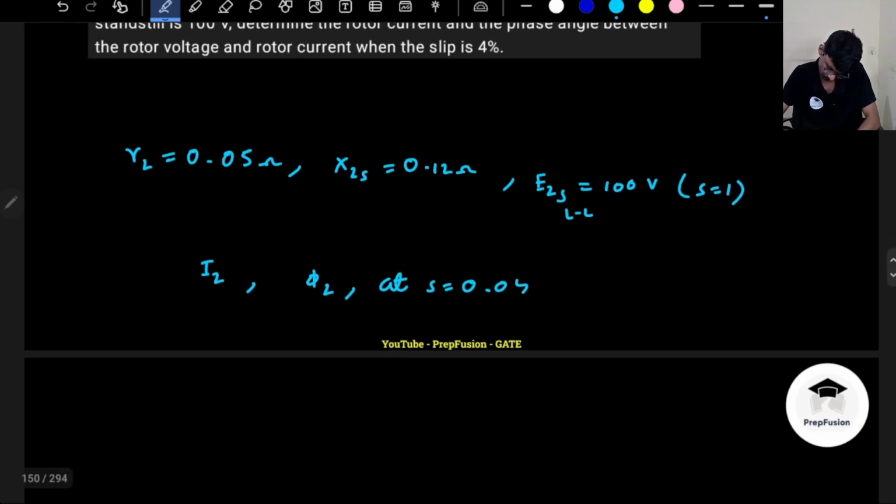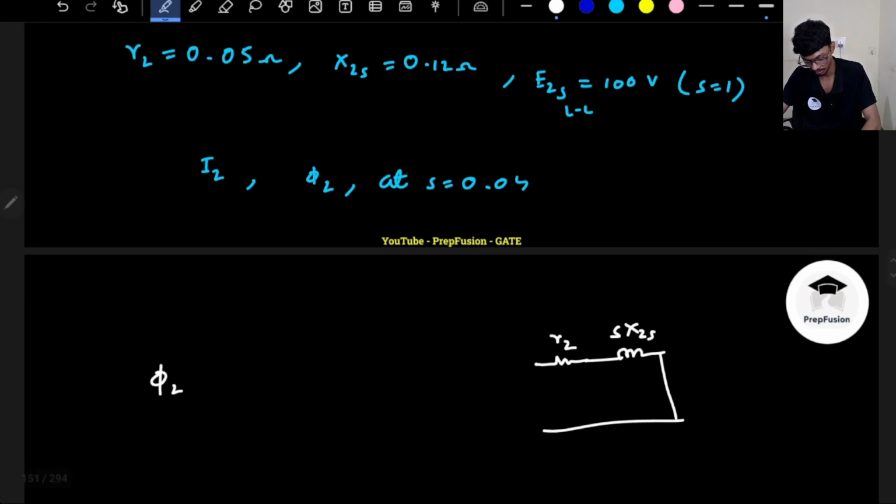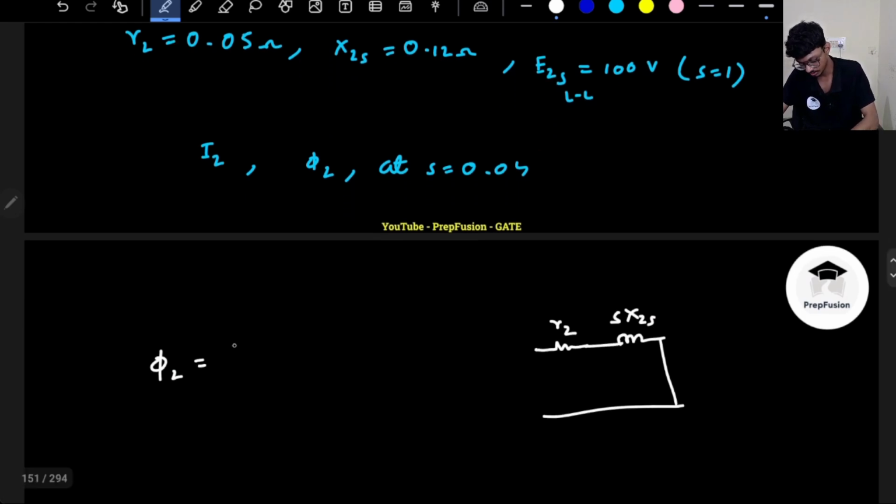Okay. So the phase angle is pretty easy. Like this is my rotor circuit, this is my R2 and this is basically my S into X2S, as just proven in the previous question. So phi 2 will be equal to tan inverse of S x2s divided by R2.